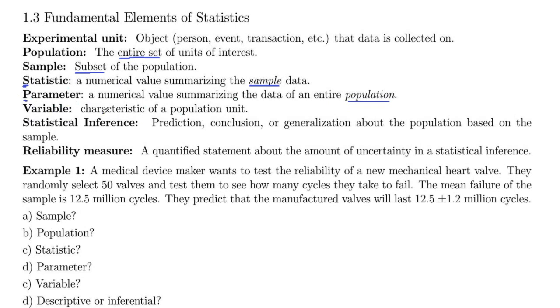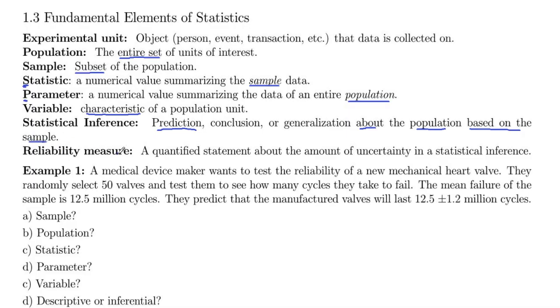Our variable here is going to be our characteristic of the population unit, so whatever characteristic that we're interested in. If we're talking about people, it could be their height, their weight, their blood pressure, etc. And then the statistical inference is the prediction, the conclusion or generalization that you're going to make, and it's about the population, but it's based on the sample data.